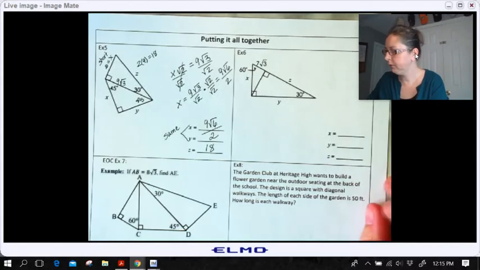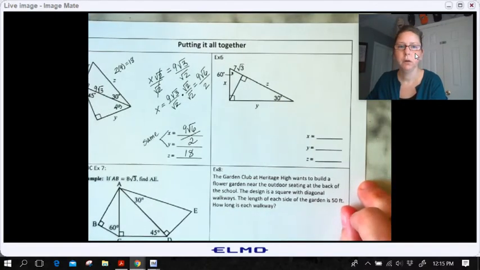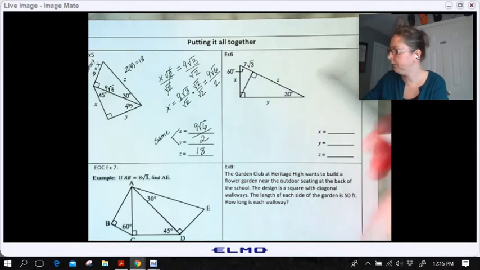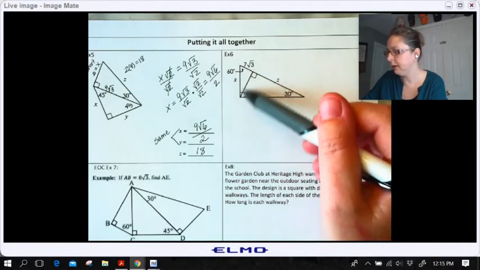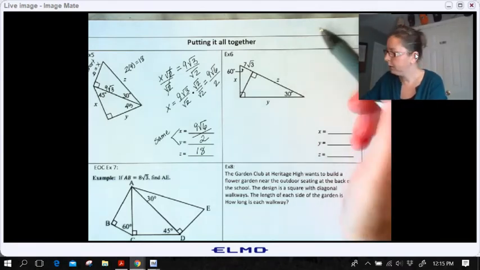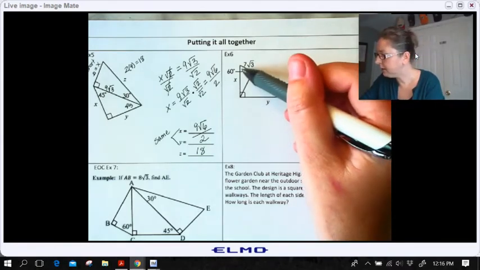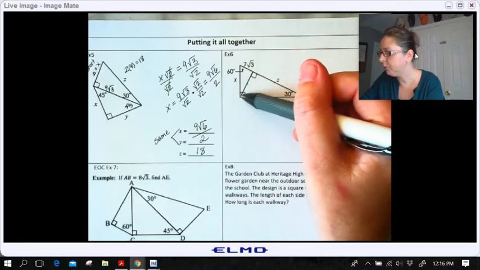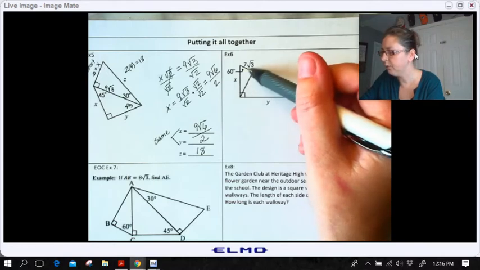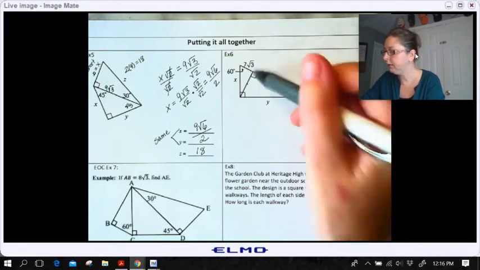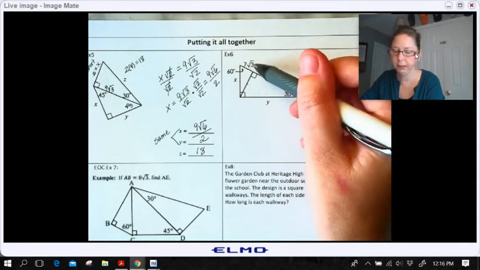Example 6. Example 6 starts out with giving me some information about a 30, 60, 90 triangle. Okay. I know that since this is 60, that's going to be the long side. So this must be the 30-degree angle, which makes this the short side. Okay, so the short side of my triangle is 7 square roots of 3.